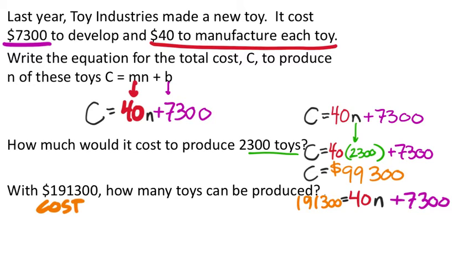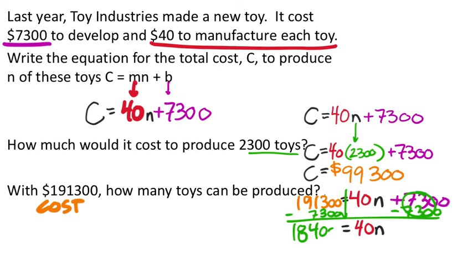So yeah, we do need some principles of equality here. So I'm going to have to first subtract 7,300 from both sides. And this allows us to drop the 40N. That zeroes out as planned. 191,300 minus 7,300, just on the calculator there, is 184,000.